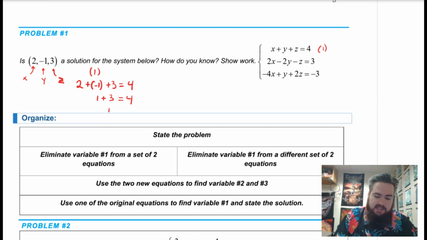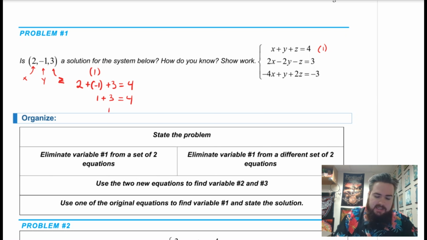Yet again, I'm going to be plugging in my x, y, and z coordinates in for x, y, and z for this equation. So if x is 2, I'll get -4 times 2, plus y, which is -1, plus 2 times z, and z is 3. We want to show that this will equal -3.